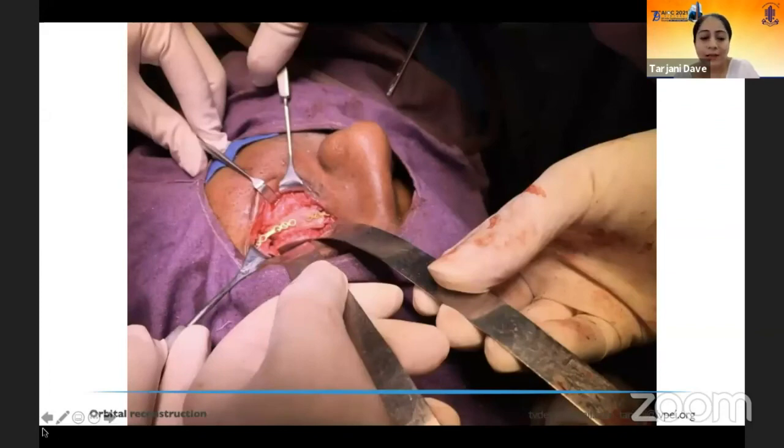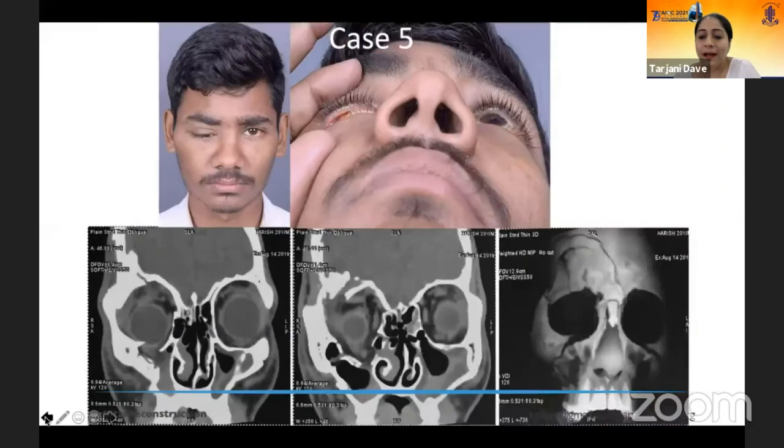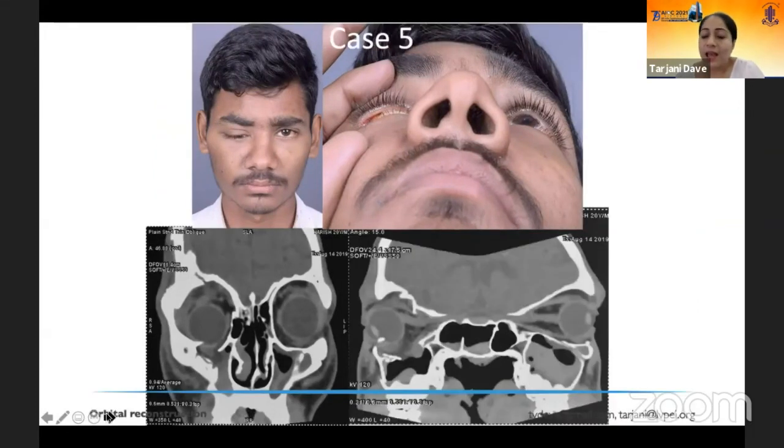But just to say that many times you get carried away by so much that is visible on the scan that small pointers like these might go unnoticed. So just a word of caution for everybody out there dealing with fractures to look at the minutest of details. Every section is important. The sagittal cut here gives you clear-cut evidence that the fragment of bone is actually inside the eyeball.